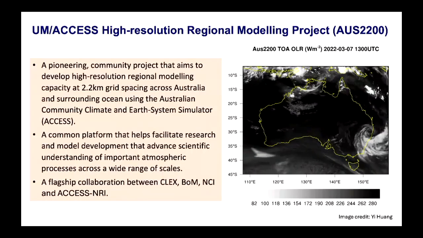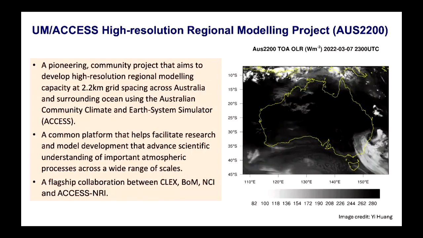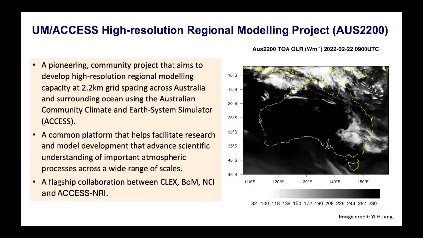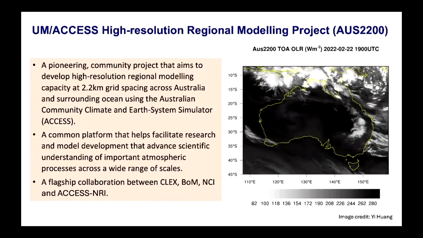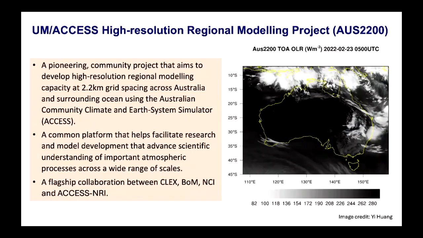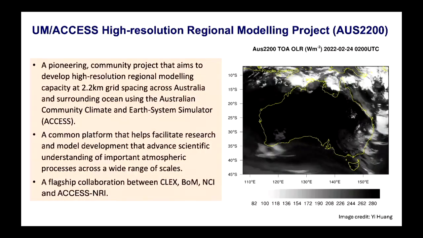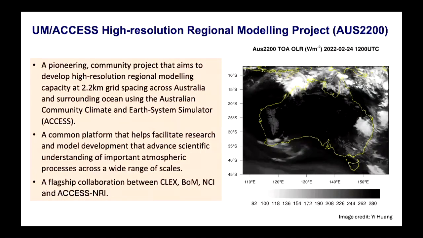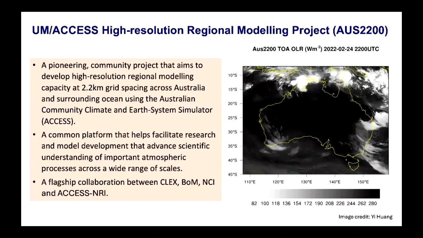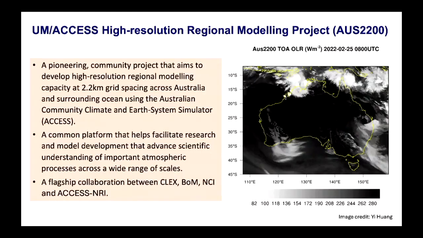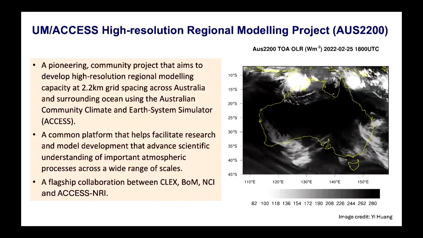On the right, I'm showing an animation of an event, the flood event that happened a couple of years ago in Lismore, where we could capture the atmospheric processes from this large scale to all these local scales.